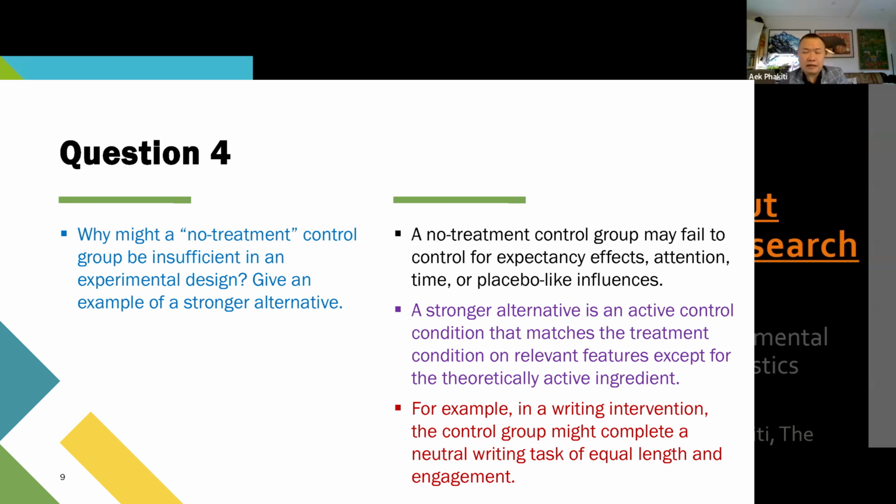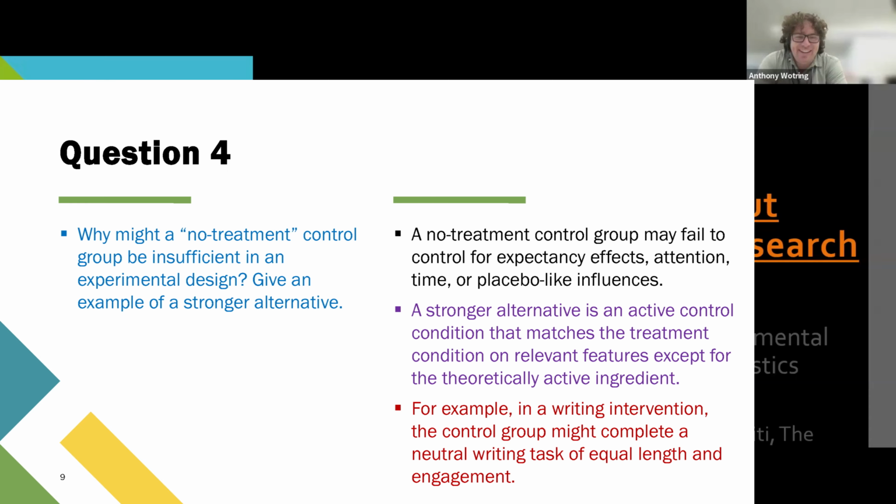So try to match that. A lot of the things you can match exactly. They can do the same activities, but just one thing is different there. At least you can vary that. There's no such thing as a zero kind of treatment.